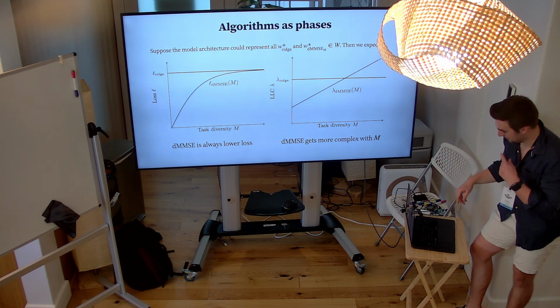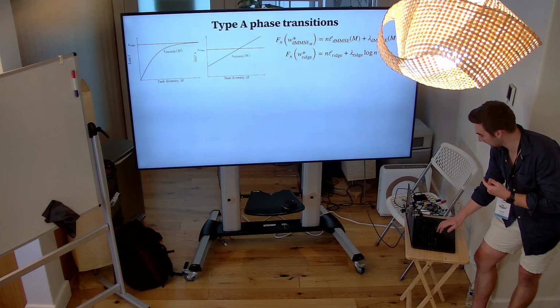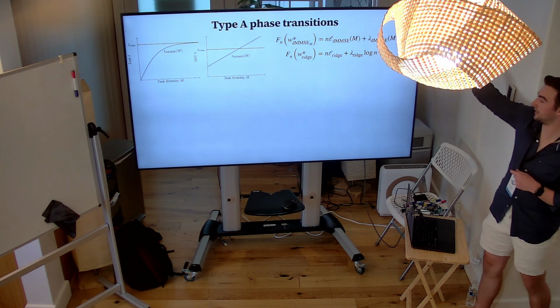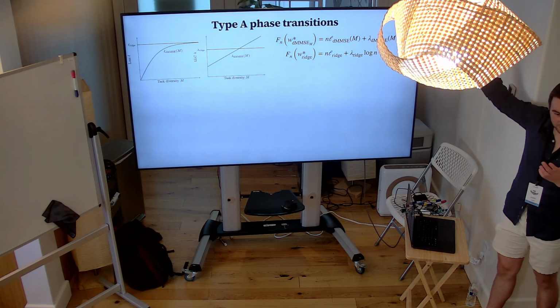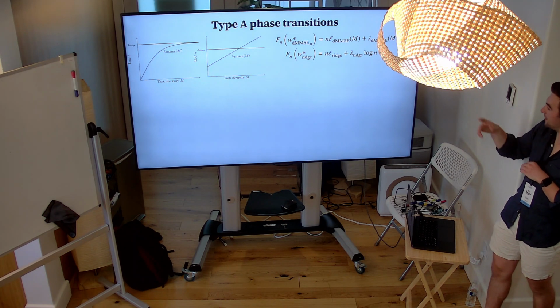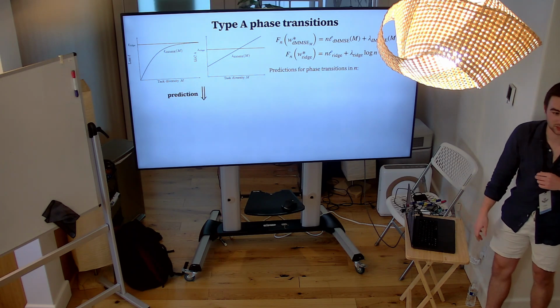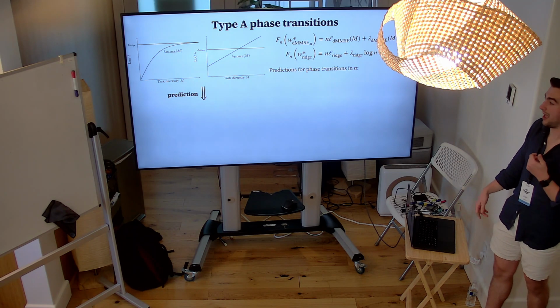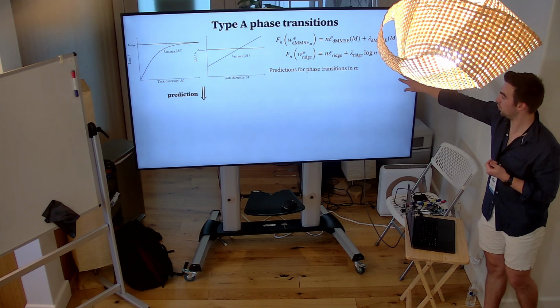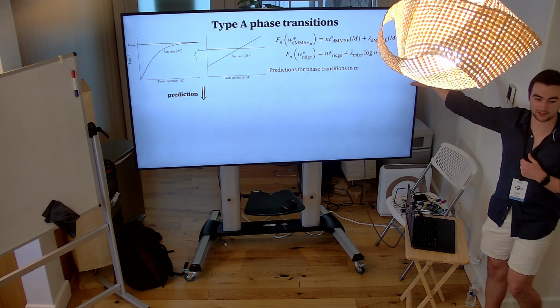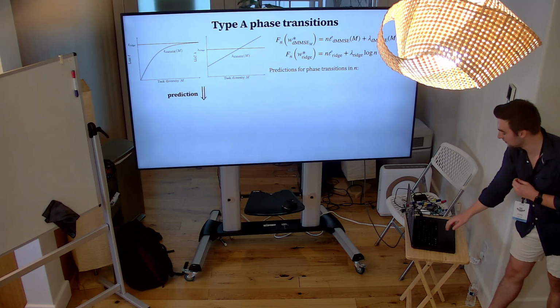So if you run this analysis through and we set up our favourite free energy formula, then you can start to make a few predictions for phase transitions that you might see, at least in the Bayesian sense, where the phase transitions are with respect to the number of samples, n.